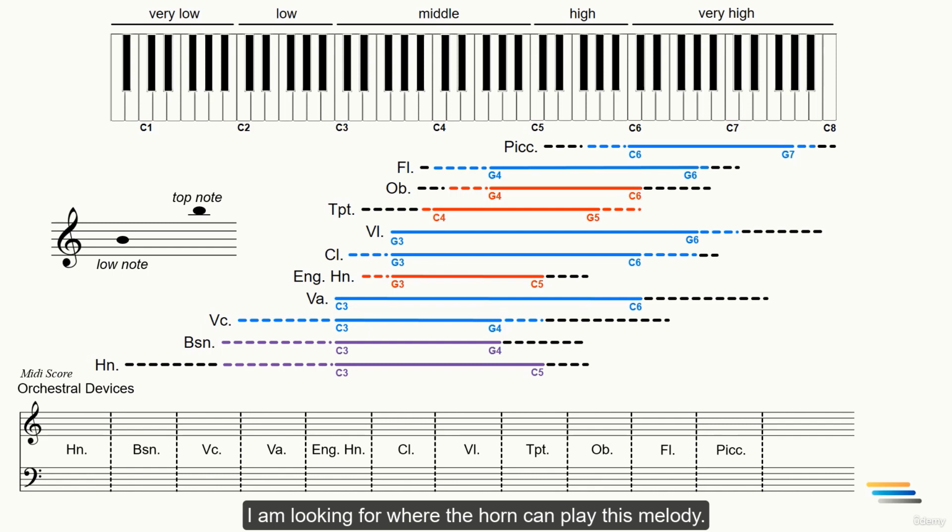I'm looking for where the horn can play this melody. The French horn can play this melody both between B3 and B4 and between B2 and B3, as they will be in the effective range of the instrument.